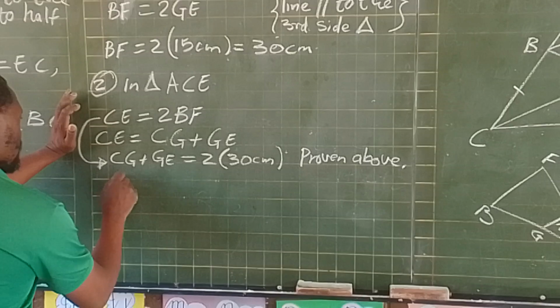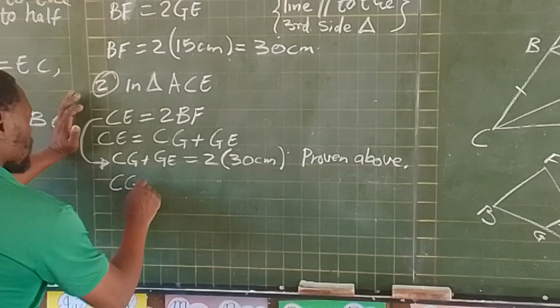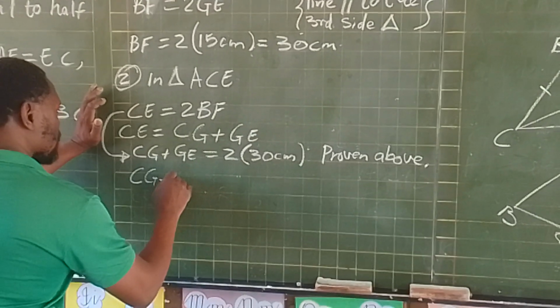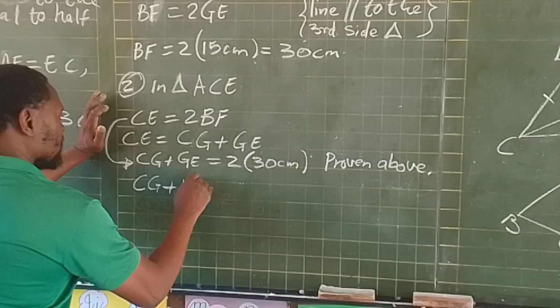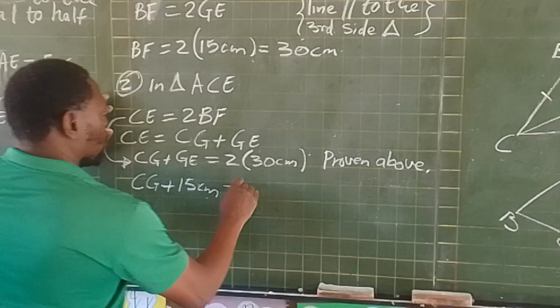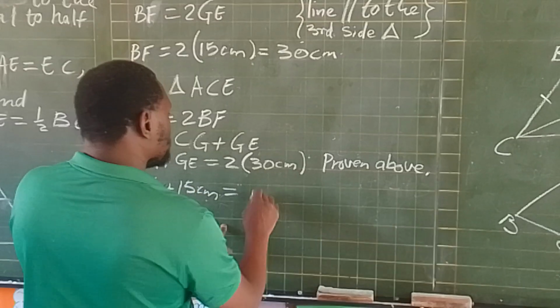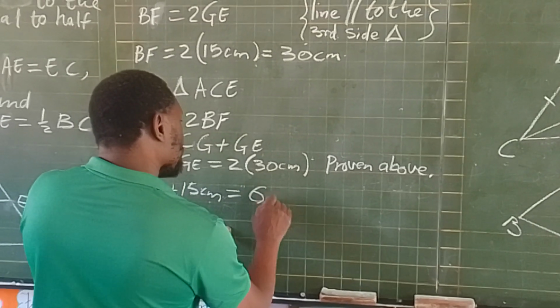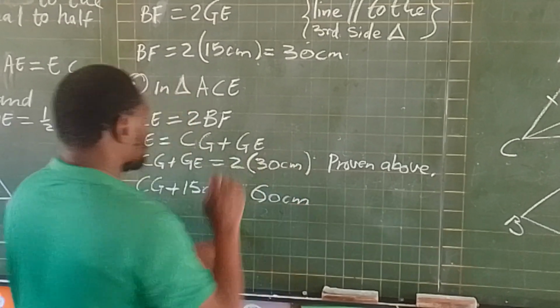Then CG plus 15 centimeters, it is given, is equal to 2 times 30, it's 60 centimeters.